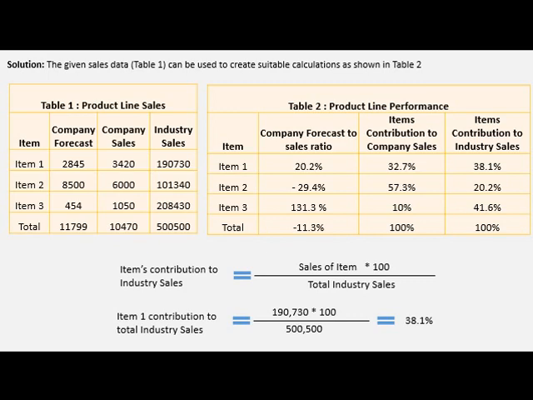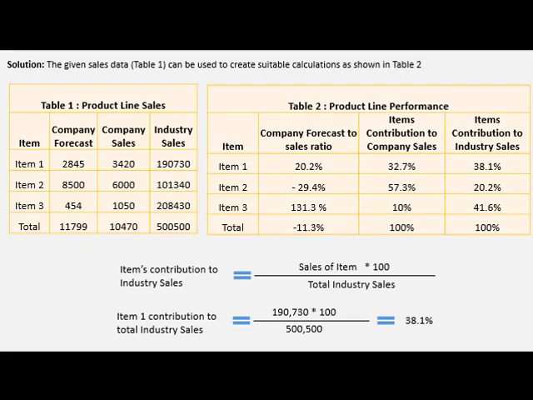So, for item 1 it will be 190,730 multiplied by 100 and divided by 500,500, which results in 38.1%. Similarly, for item 2 it will be 20.2%. And for item 3 it will be 41.6%.